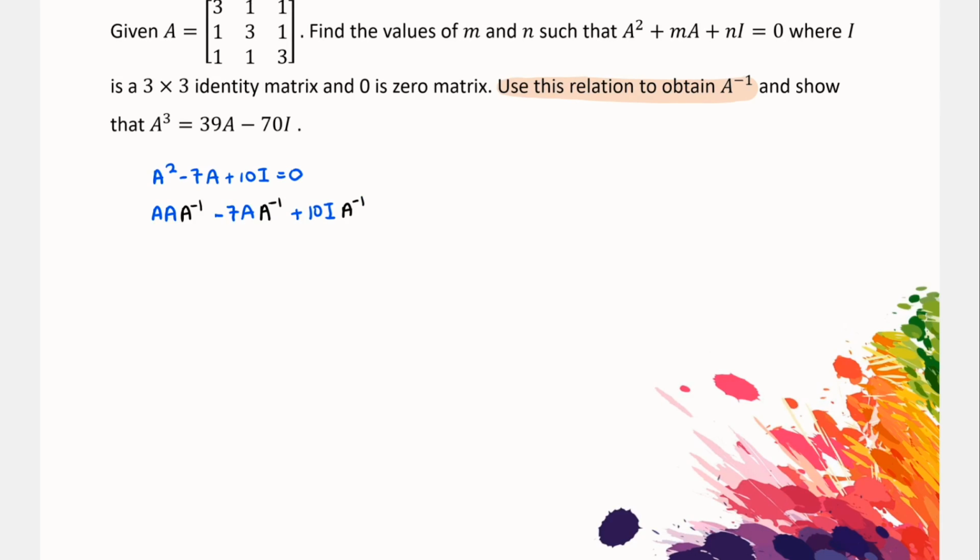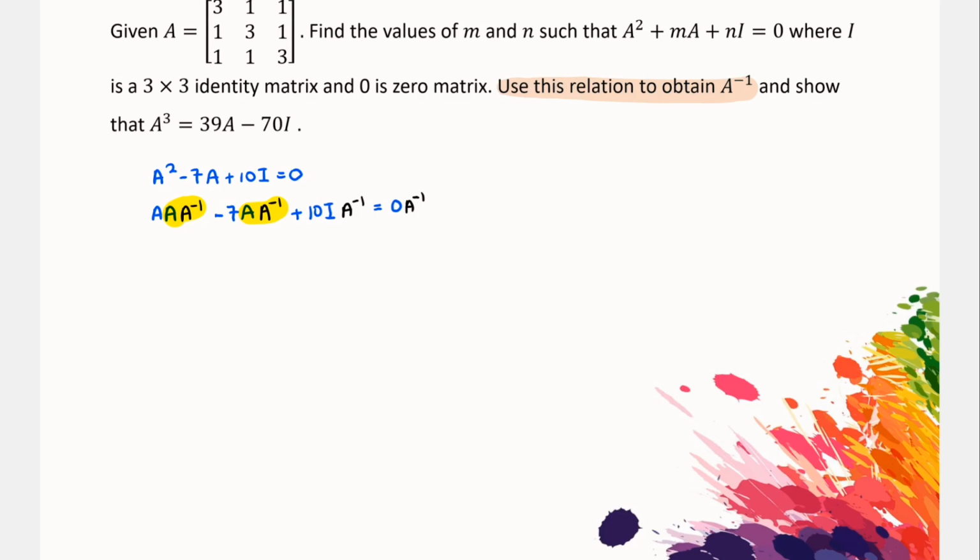Since the left hand side is multiplied by A inverse, that means the right hand side should be multiplied by A inverse as well. From here we can see that A inverse multiplied by A will be equal to I. And I multiplied by A inverse will be A inverse, and 0 multiplied by A inverse will be 0.